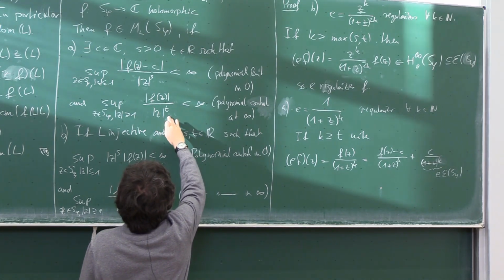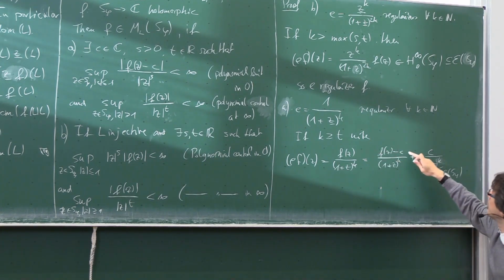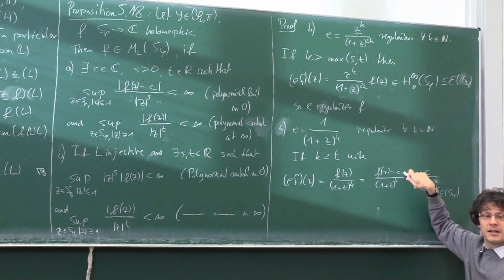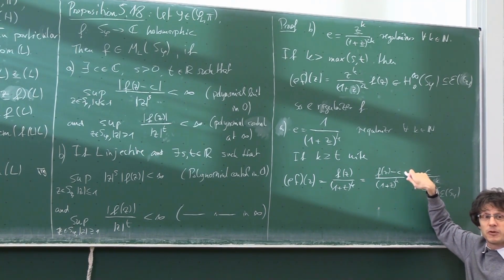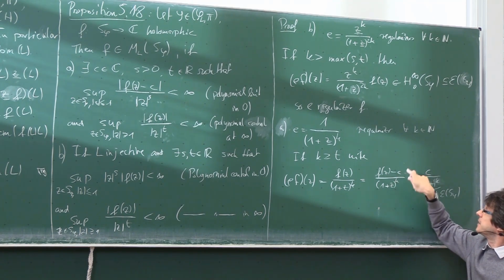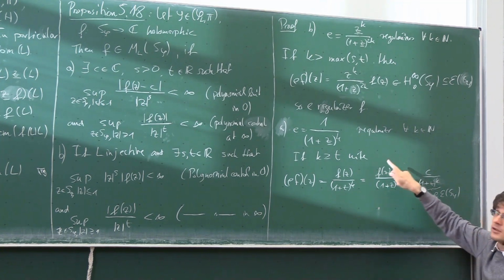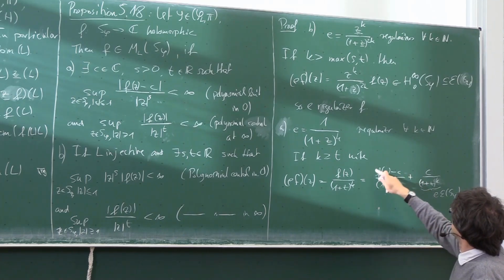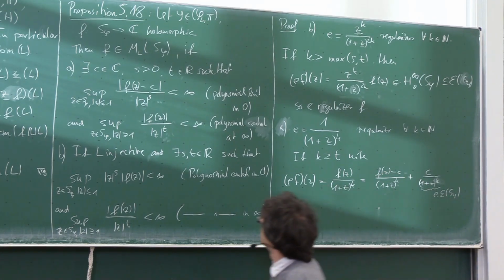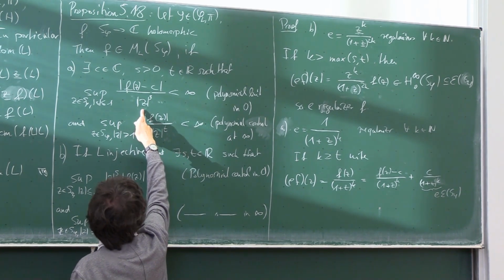So you have this polynomial control at infinity. So this function at most grows at infinity like z to the t. The constant doesn't change too much the growth at infinity. So this function grows as z to the t, but k is more than t. So at infinity, this function goes to 0. What happens at 0? At 0, we know that this difference is less or equal 1 over z to the s.